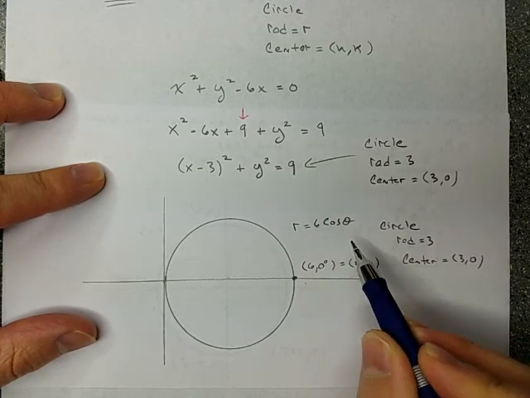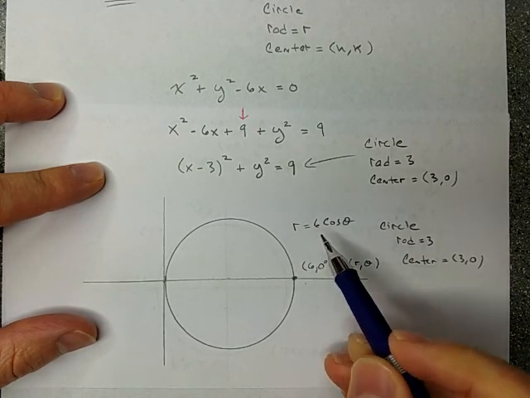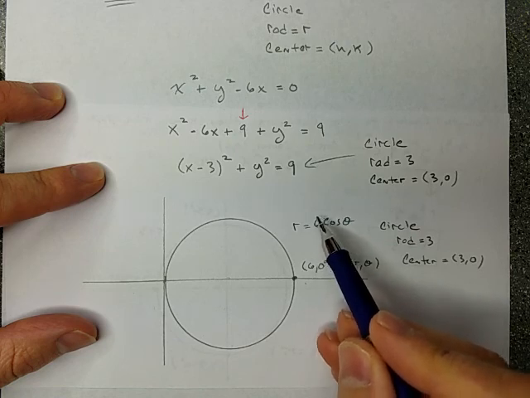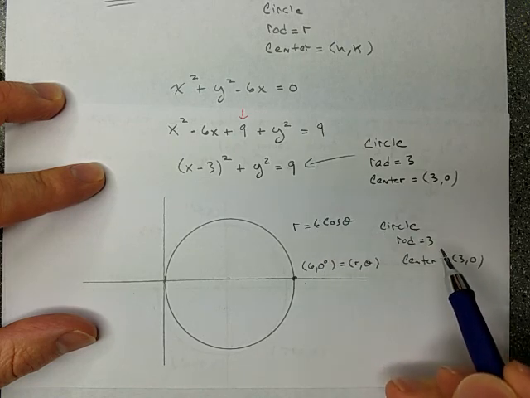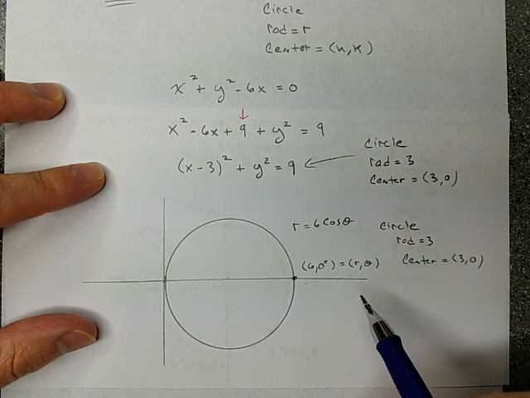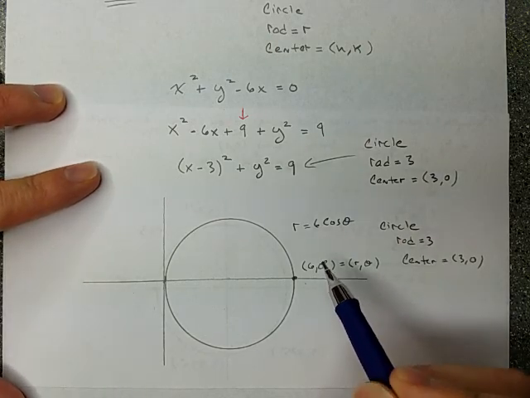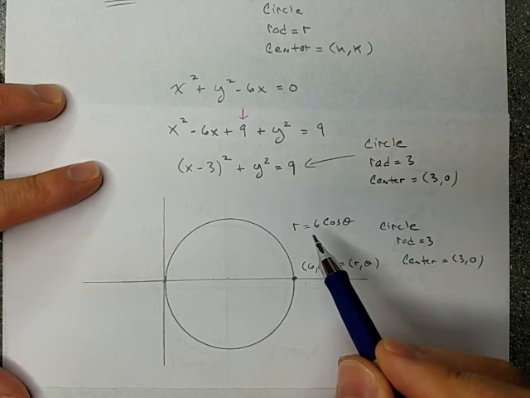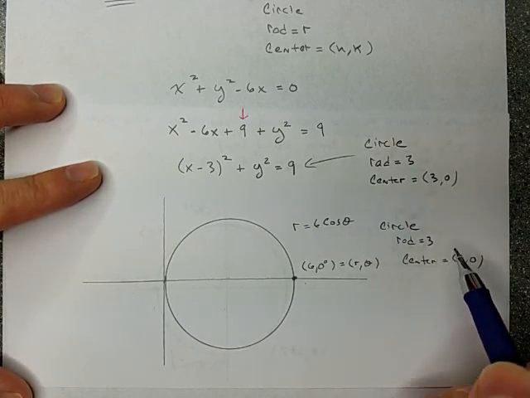And you might imagine that if r is equal to a constant times cosine theta, then you'll get a circle, and you can extrapolate what the radius and the center would be in that case. That sort of thing in polar form will be a circle like this.